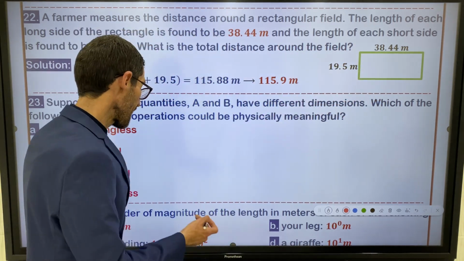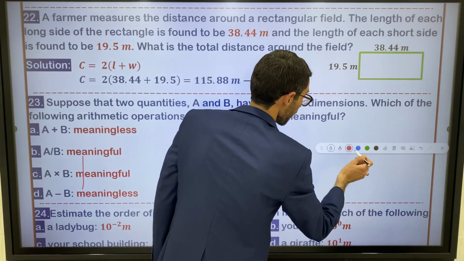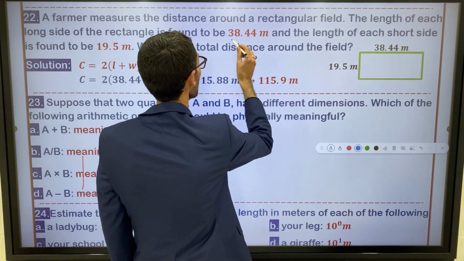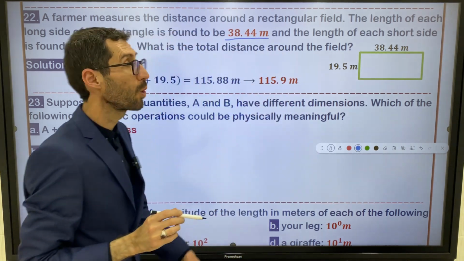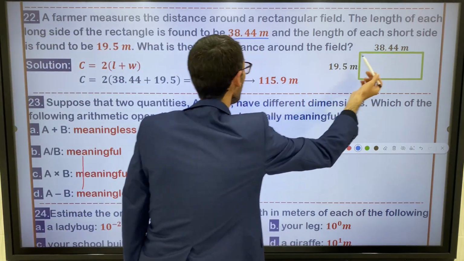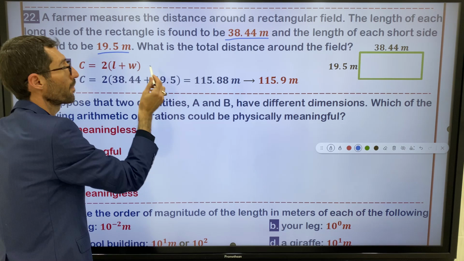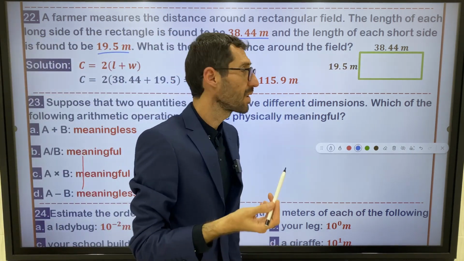So this number is for the longer side, 38.44, and 19.5 is the length of the shorter side.